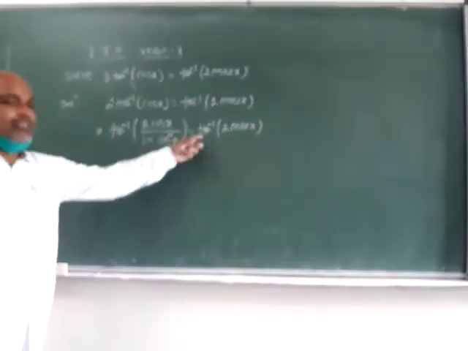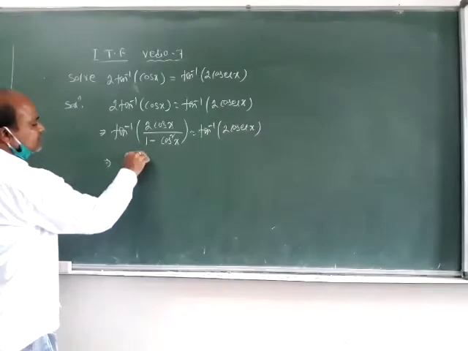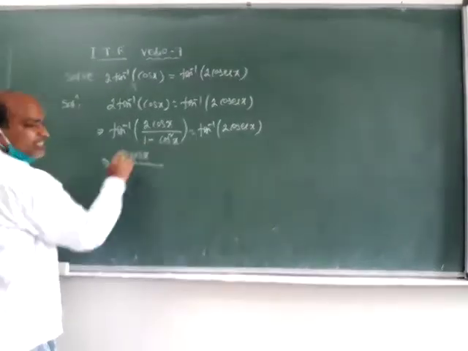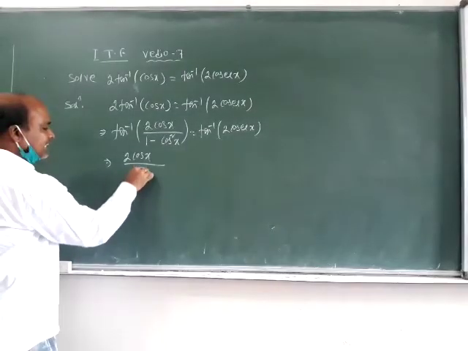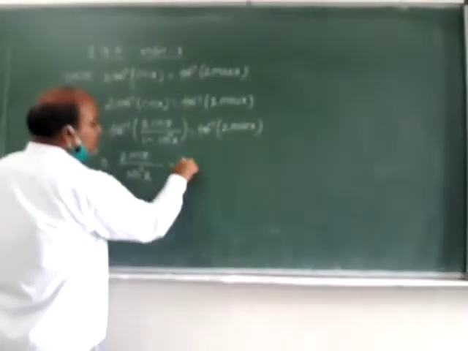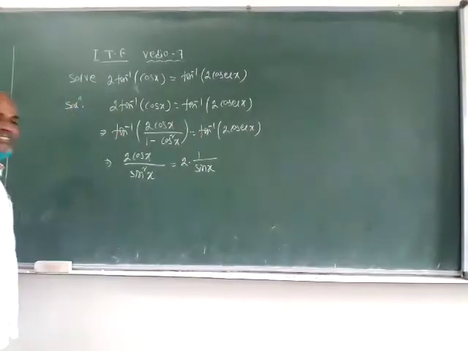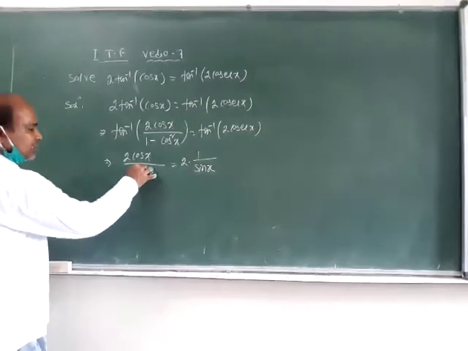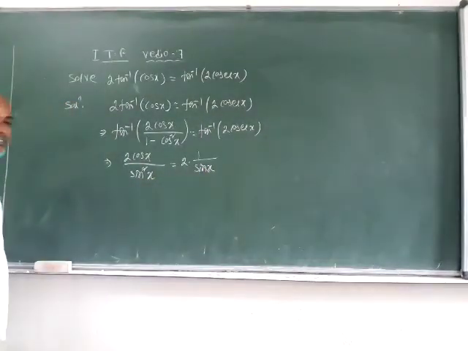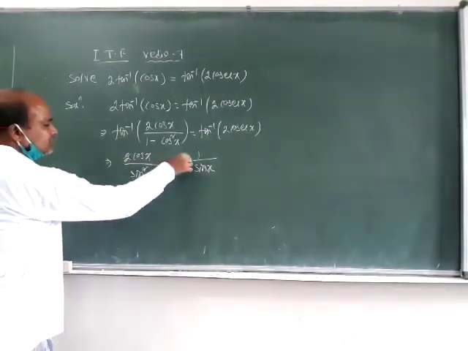So tan inverse, after that what is left is 2 cos x upon 1 minus cos square x, which can be written as sin square x, is equal to 2 cosec x, which in reciprocal form is 1 by sin x. So here one sin x and there one sin x cancel. After the cancel, this 2 and this 2 also cancel.